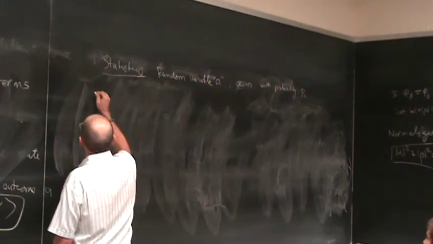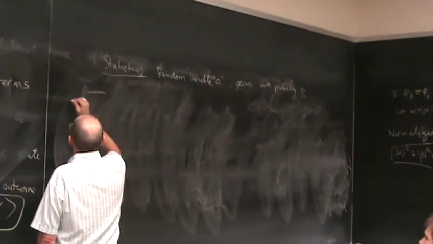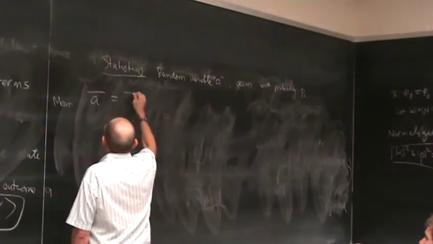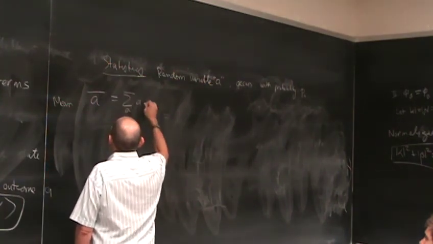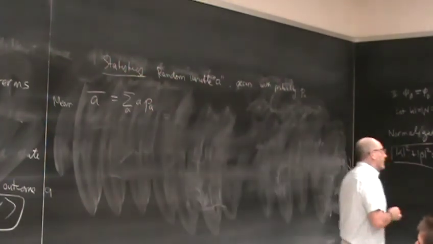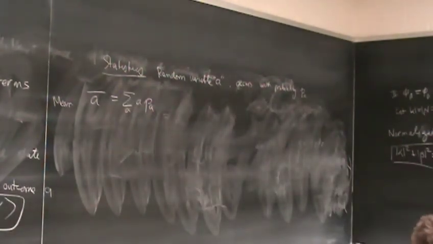Well, we can look at things like the mean value, which is the sum over all the values weighted by the probability, right?